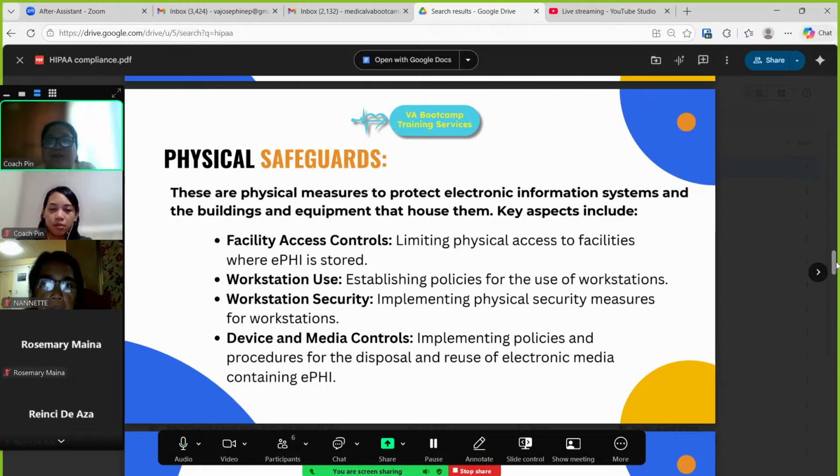Workstation use, establishing policies for the use of workstations. Workstation security, implementing physical security measures for workstations. Device and media control. So, implementing policies and procedures for the disposal and reuse of electronic media containing EPHI. Alright.